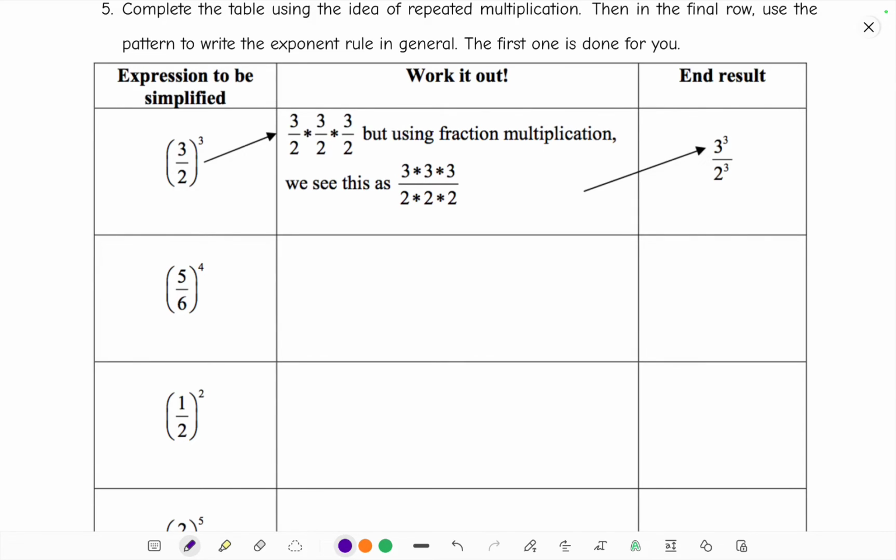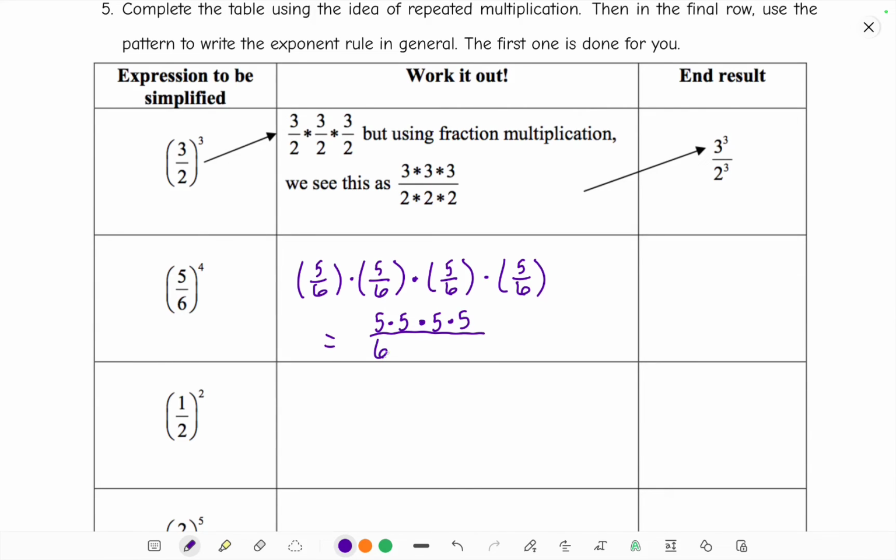So (5 over 6) to the fourth power. Well, that would be 5 over 6 times 5 over 6 times 5 over 6 times 5 over 6. Then using just the definition of fraction multiplication, that is 5 times 5 times 5 times 5 over 6 times 6 times 6 times 6.